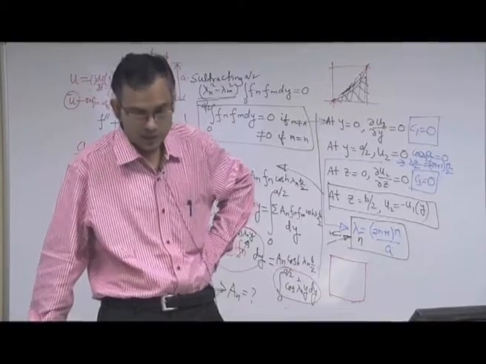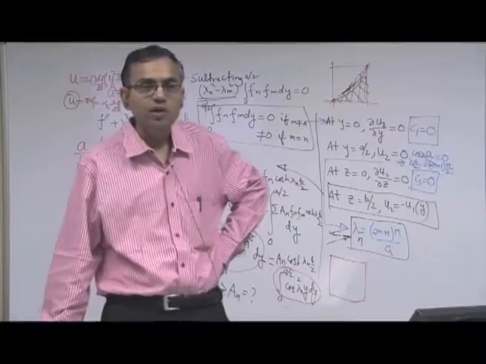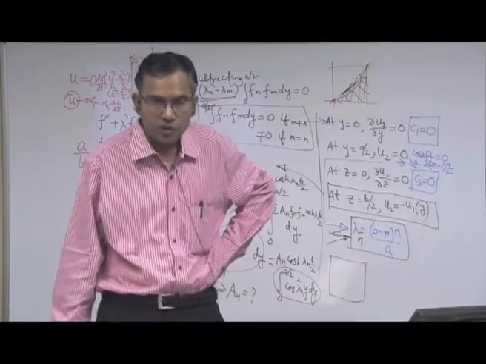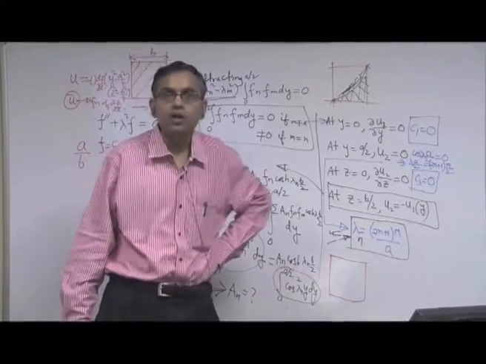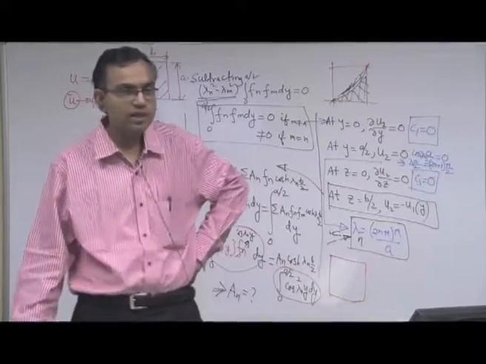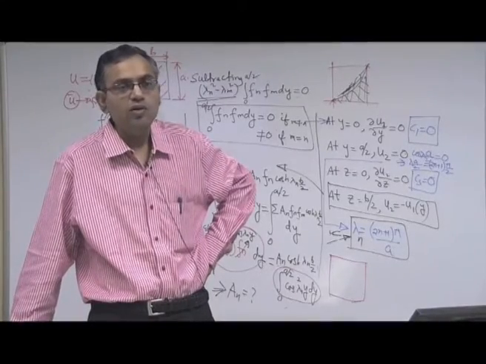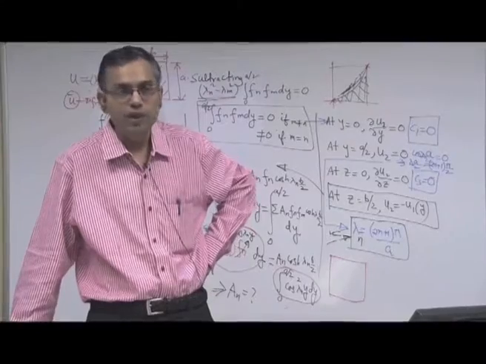So these two cases we have solved, and we have also solved for the circular geometry. So far so good, but we have discussed fully developed flow. Now the question is that in microfluidics we are not always interested in fully developed flow.